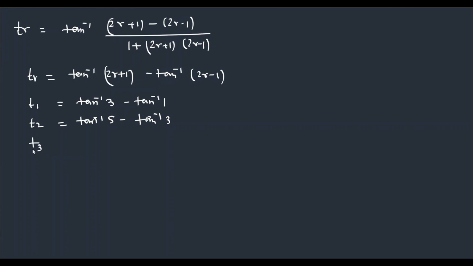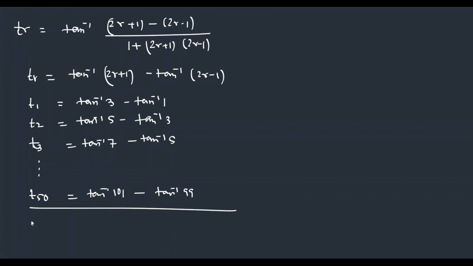Next t3 will be tan inverse of 3 into 2, 6, 6 plus 1, 7, minus tan inverse of 6 minus 1, 5. In this way we have to write T50. So it will be tan inverse of, now if you put 50 here, 2 into 50 is 100, 101, minus tan inverse of 2 into 50, 100 minus 1, 99.